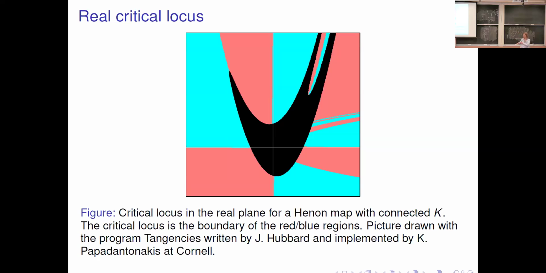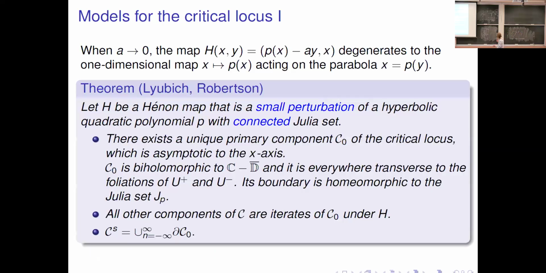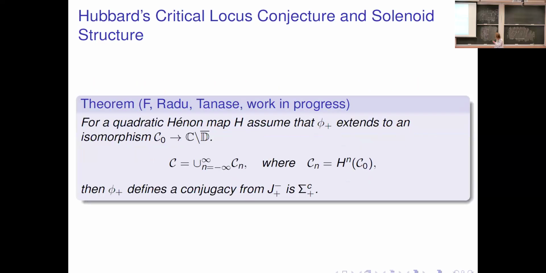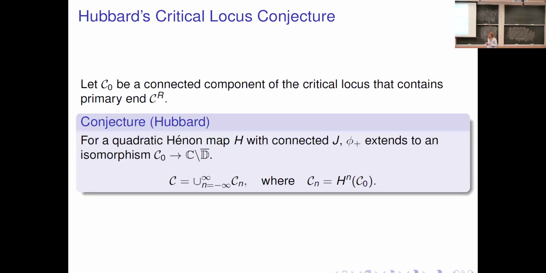So we see the Cantor set, and we know that we have a holomorphic motion of this Cantor set. So this is J times a disk. And this I'll skip. This is Hubbard's conjecture that the critical locus goes all the way to J. And we prove that if it does, then it's a complex solenoid. I think I'll stop here.